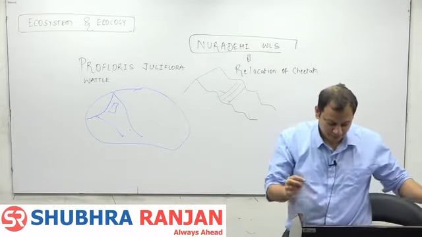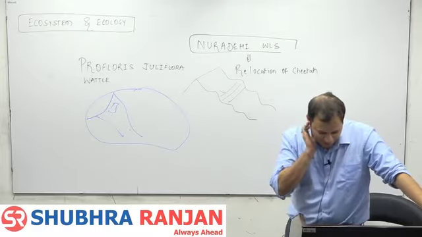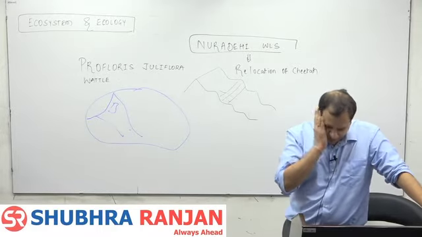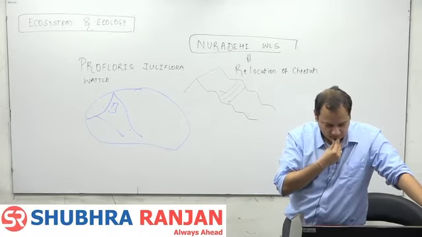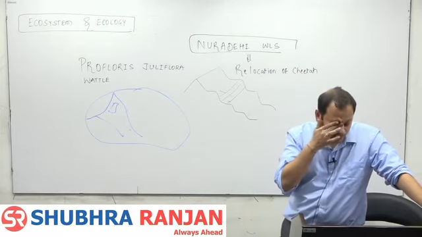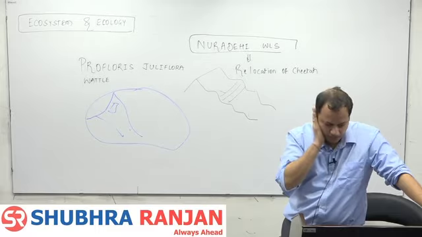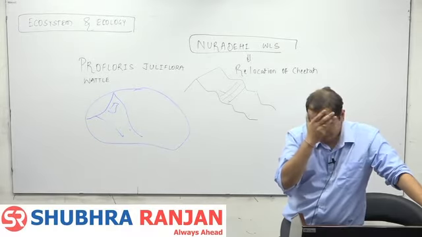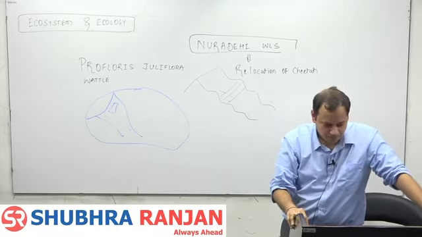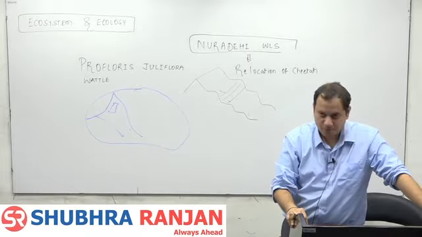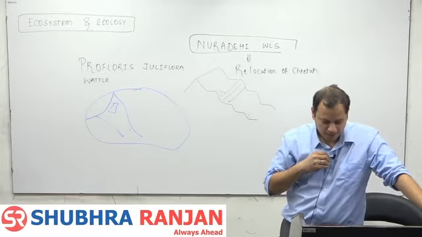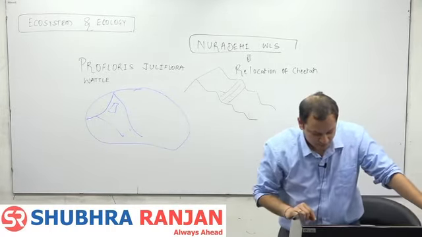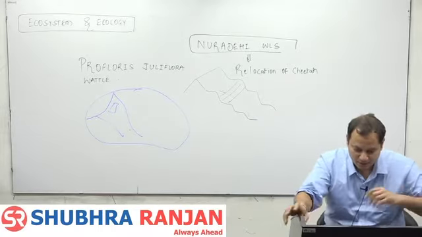Question number 20. We have done this question already. Two important rivers, with one source in Jharkhand and the other with source in Orissa, merge at a place near the coast.